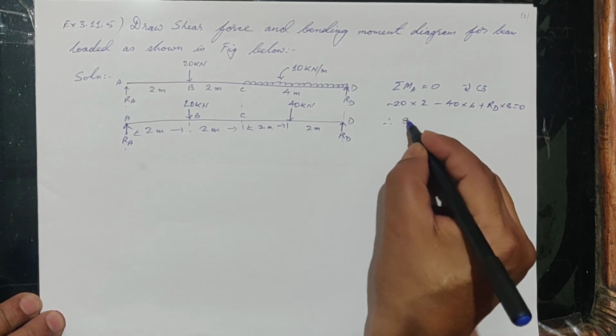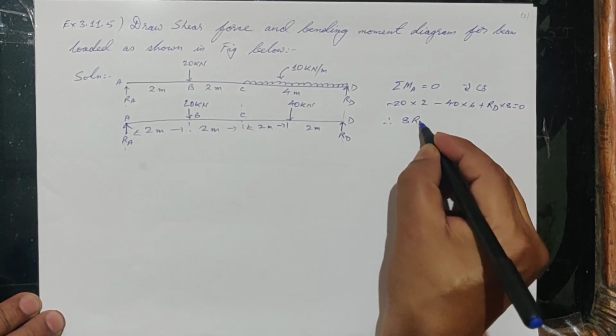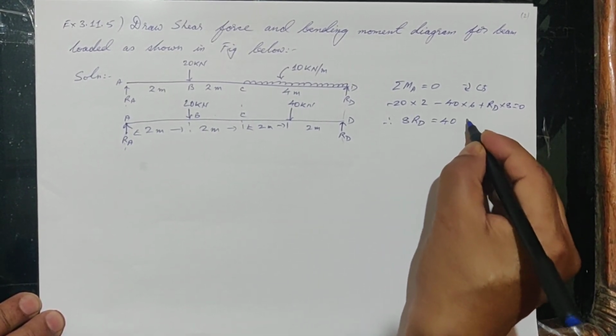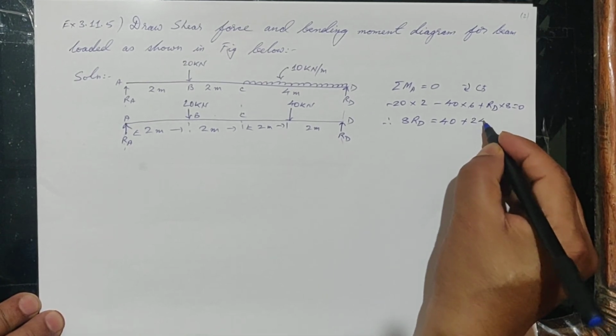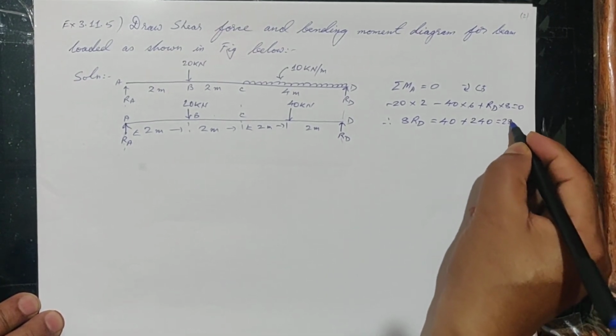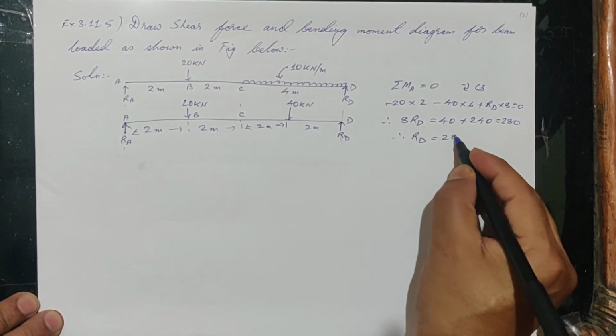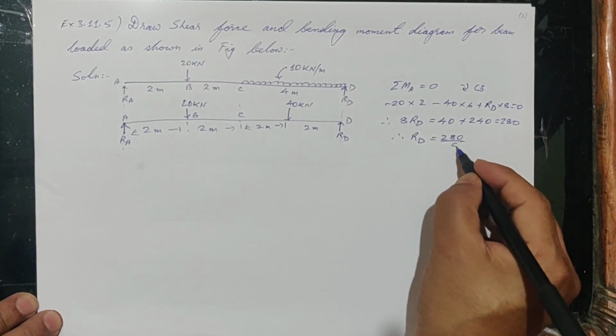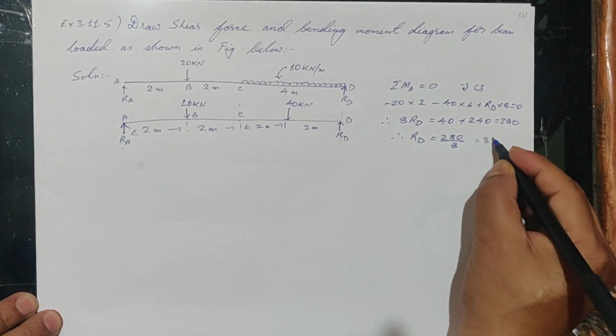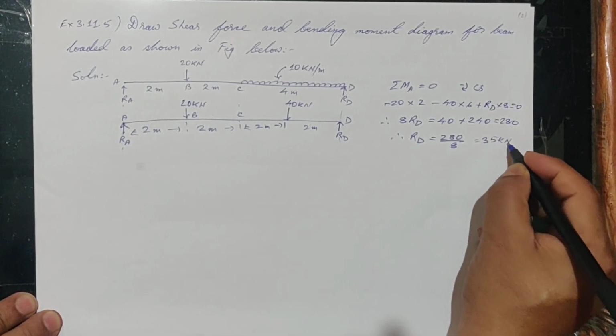Here we are taking this as negative and this as positive. Therefore, 8 RD is equal to 40 plus 240, which is equal to 280. Therefore, RD is equal to 280 by 8, which comes to 35 kilonewton.